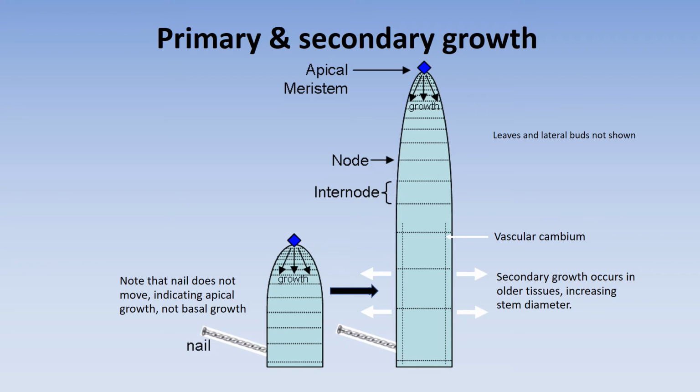The buildup of secondary tissues increases the diameter of the stem. As the diameter increases, the vascular cambium increases its circumference to maintain a continuous cylinder of meristematic cells. During the dormant season, both primary and secondary growth stop. Growth resumes when weather conditions are favorable for growth.